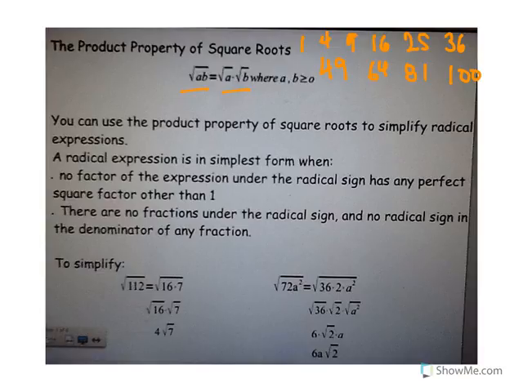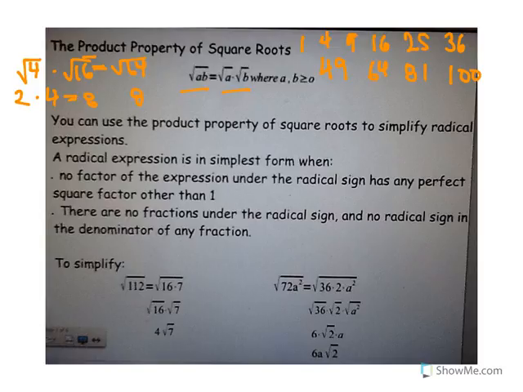I know that sounds kind of complicated, but what that means is if you have the square root of 4 times the square root of 16, that's equal to 2 times 4, which is equal to 8. It's also equal to the square root of 64, which is equal to 8. So that's what I mean by when you multiply things, you can break them down that way.